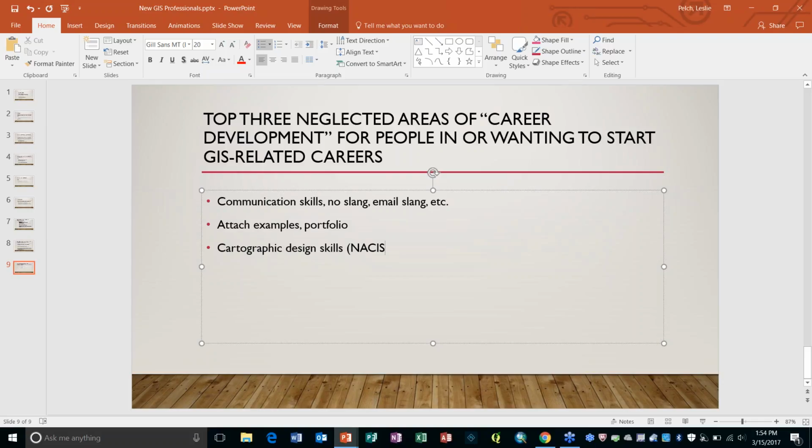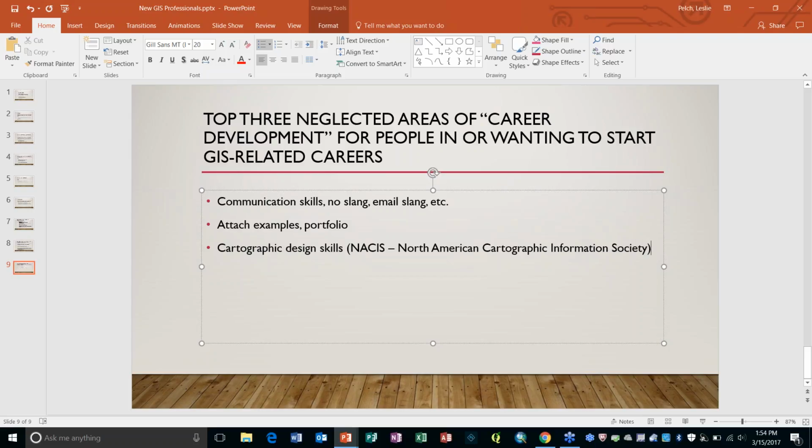This year in the fall, in October, it's going to be in Montreal. It's a 2 or 3 day conference. It's by far the best, most worthy conference I've ever been to. The people there are more than willing to share their experience about cartographic design. They have great workshops, and it's just a wonderful resource.